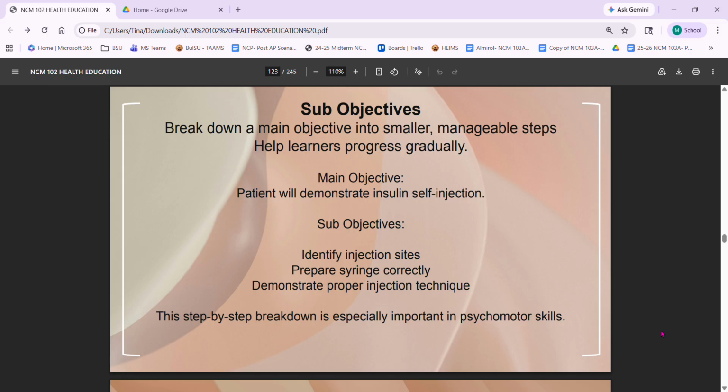Okay? Ang sub-objective mo, first, they need to identify injection site, how to prepare syringe correctly, demonstrate proper injection technique. So, those are your sub-objective. So, ito, step-by-step breakdown, okay? Kung ano yung mga specific na psychomotor skill na kailangan nilang ma-achieve. Okay? So, that is your sub-objective.